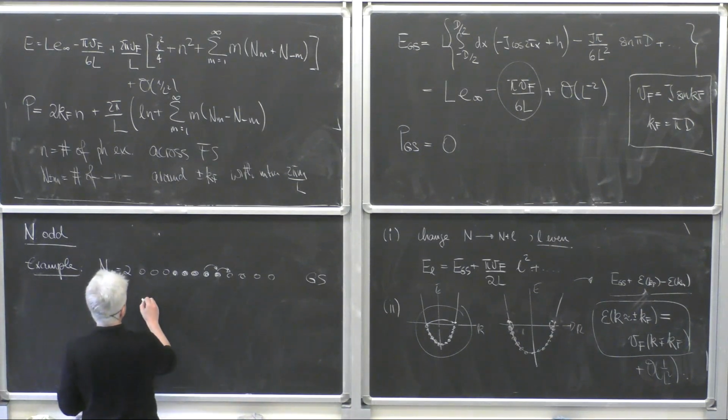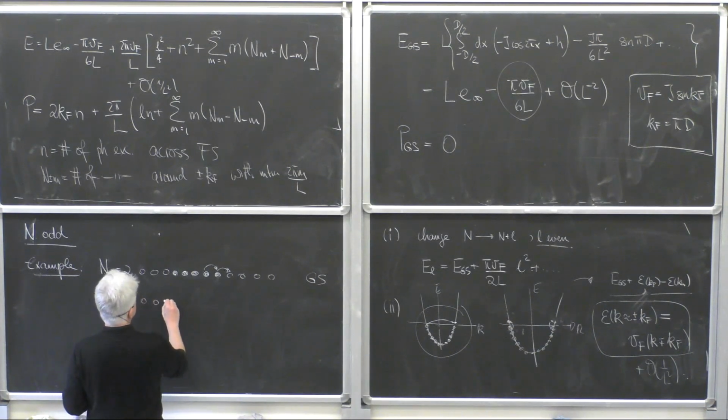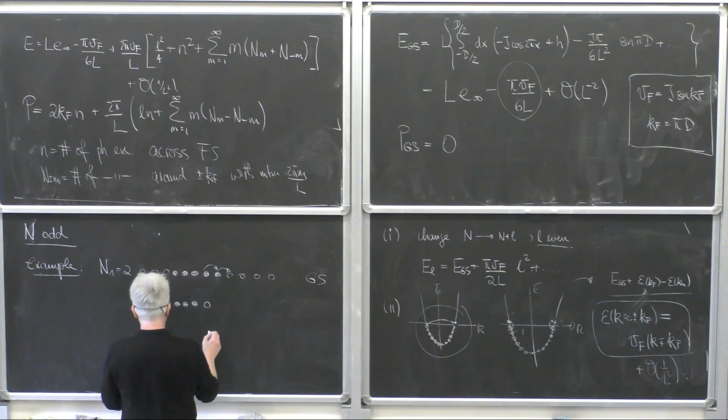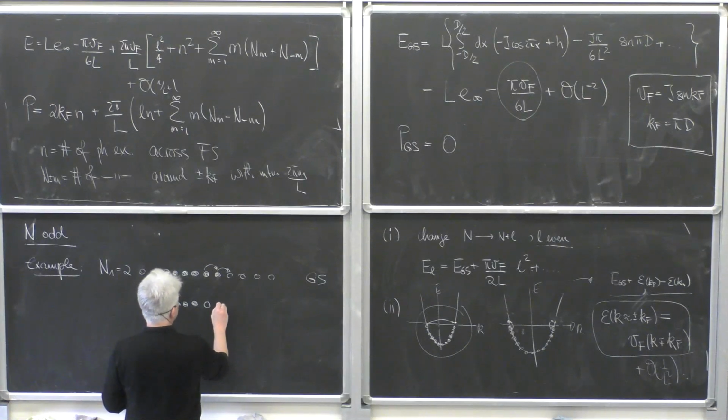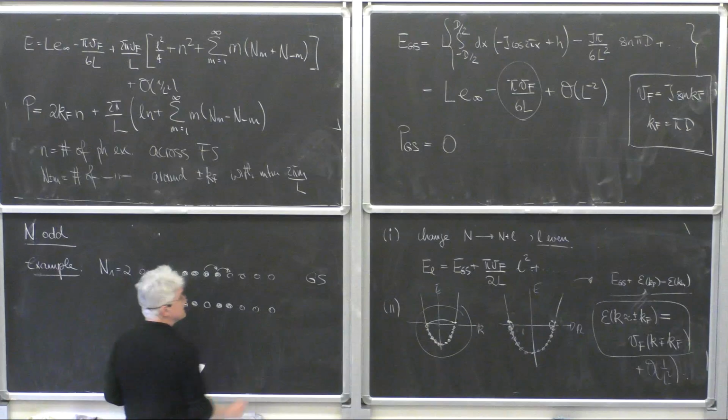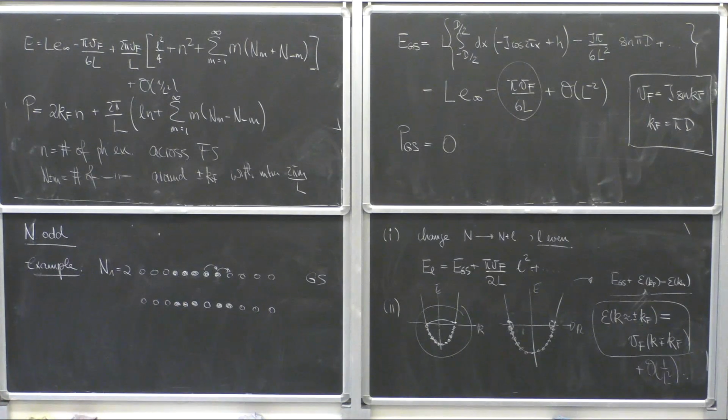So that gives me then a Fock state, which looks like this. 1, 2, 3. This one is empty. And then here I have 2 filled, and then I'm empty. Okay, so that's the notation. All right?